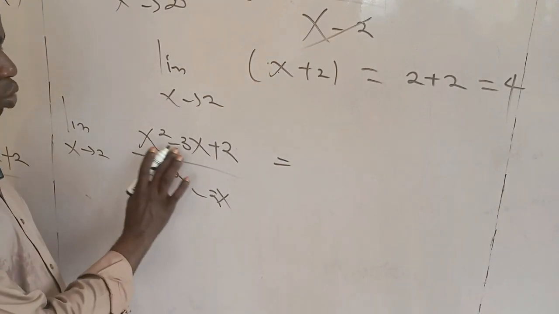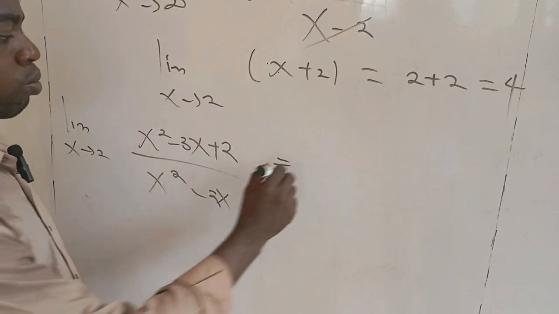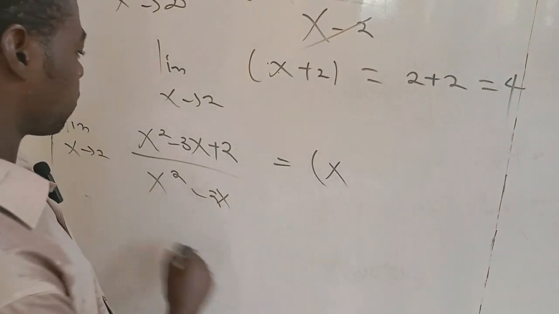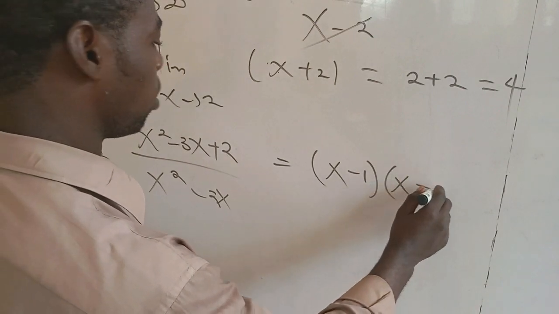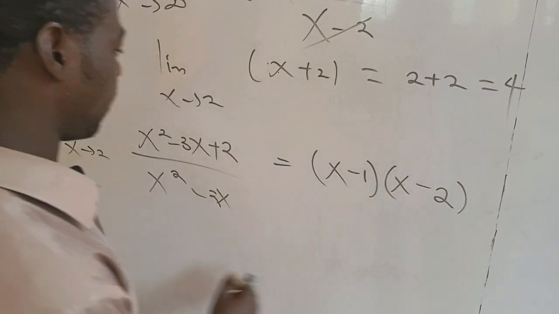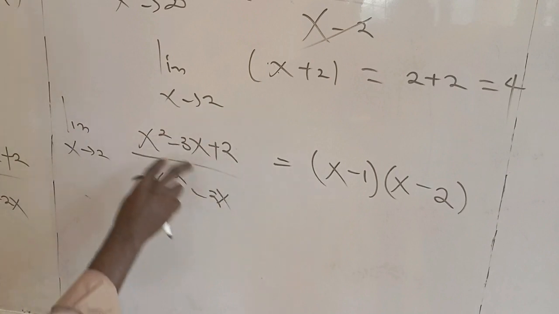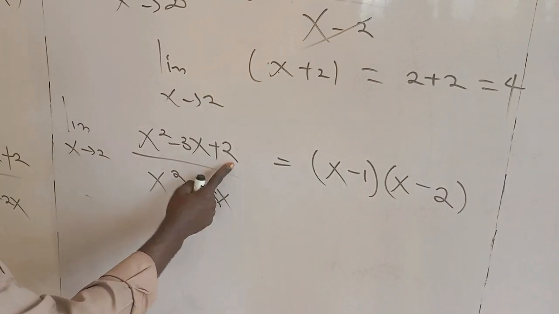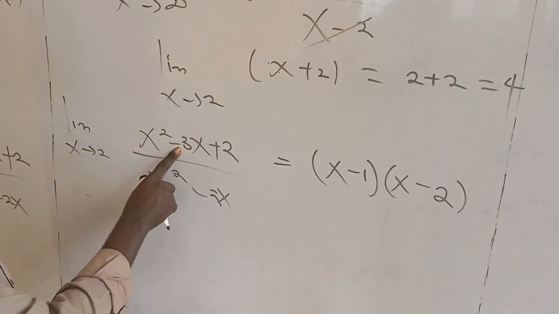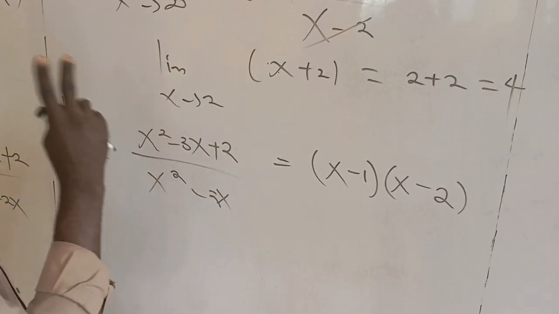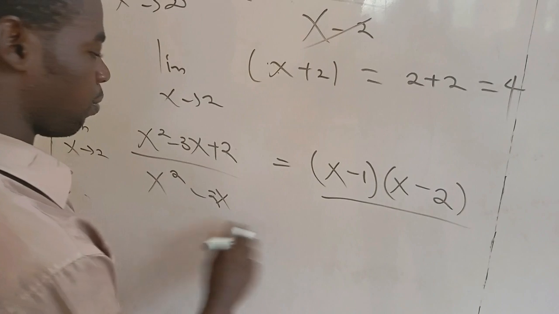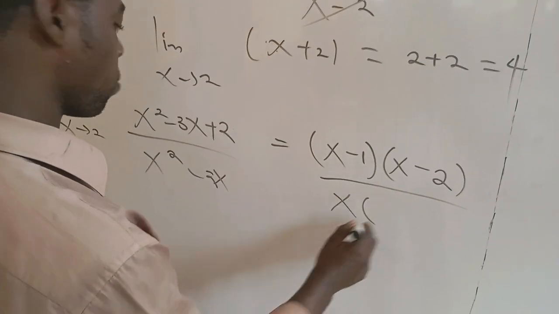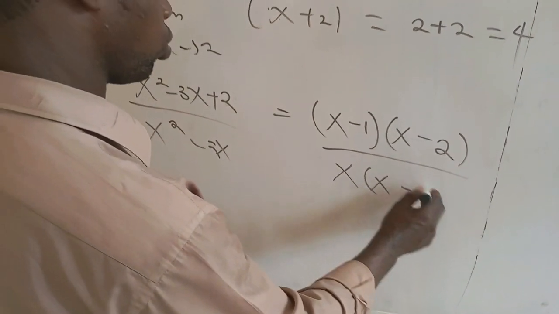To factorize x squared minus 3x plus 2, we are going to have x minus 1 times x minus 2. Looking for two numbers such that if you multiply them, they will give you 2, and if you add them, they will give you minus 3. And the numbers are minus 1 and minus 2. Divided by, here we can factorize x squared minus 2x as x times x minus 2.